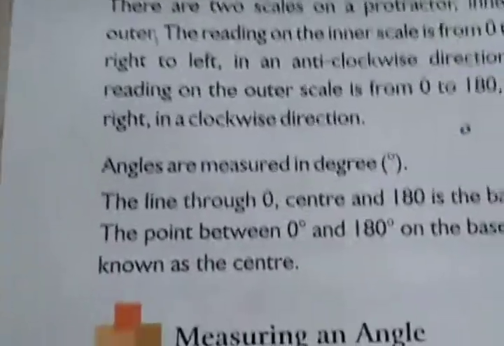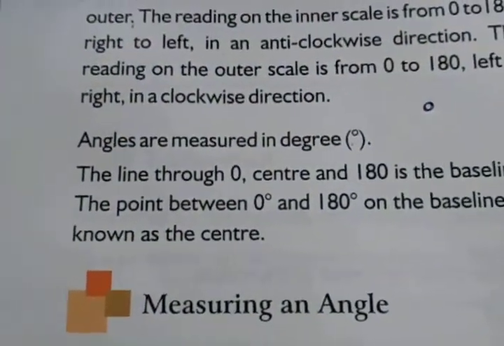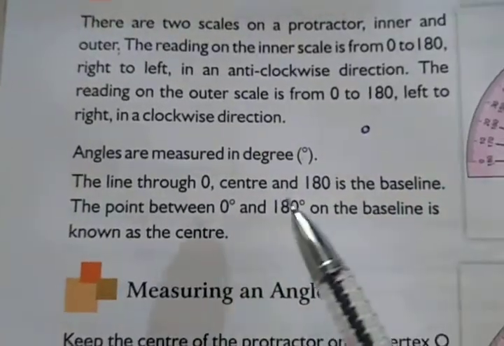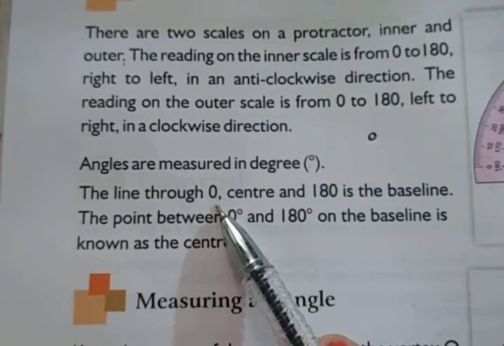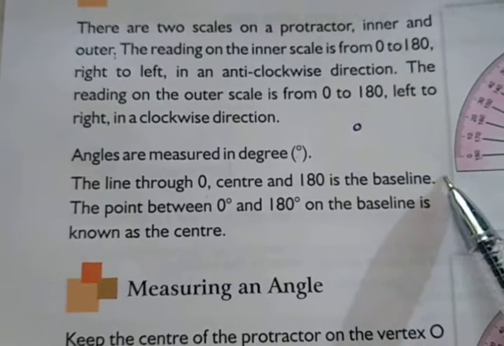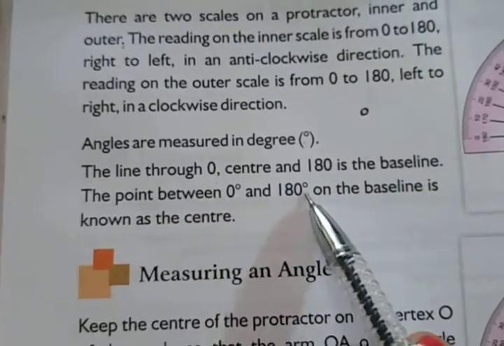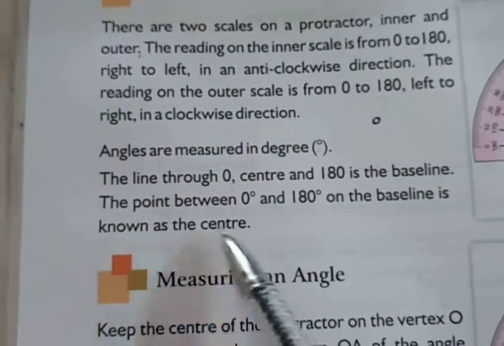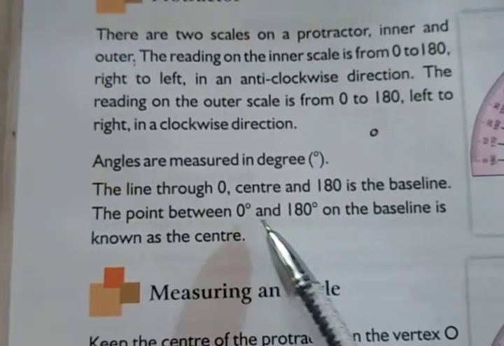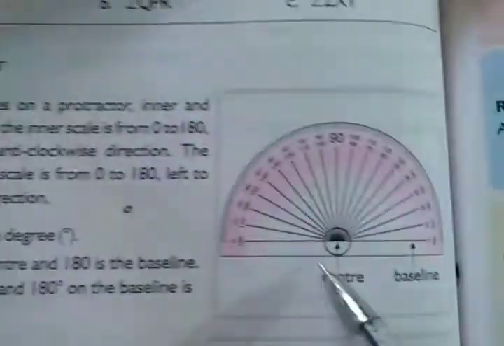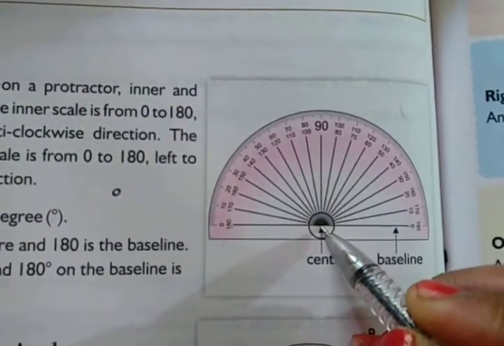Here the line through 0, center, and 180 is the baseline. The point between 0 degree and 180 degree on the baseline is known as the center. So this is the point.